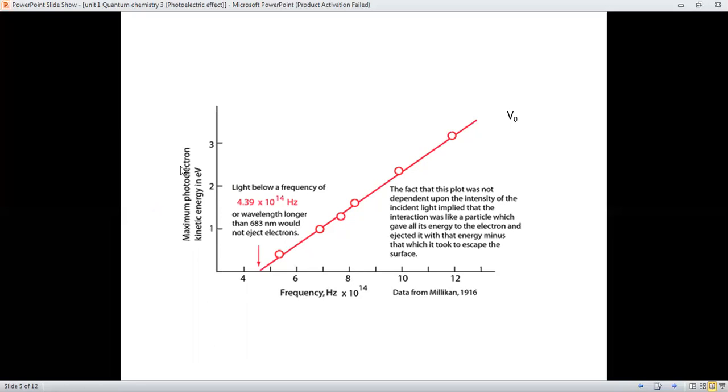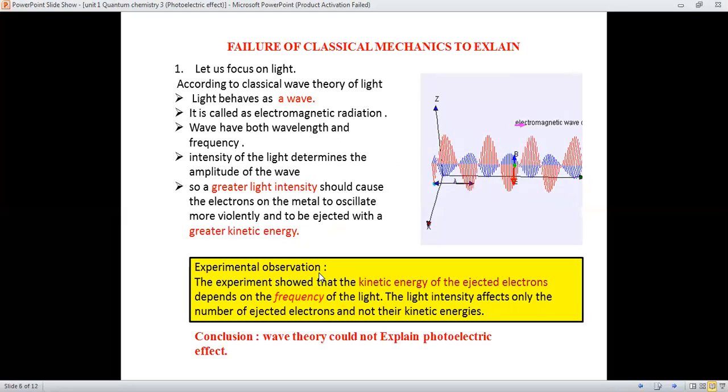It means that the kinetic energy, when studied as a function of frequency, is found to be dependent upon the frequency. But classical mechanics could not explain this fact. How? Because as per classical mechanics, light behaves as a wave. Obviously it was an electromagnetic wave, and a wave has characteristics such as wavelength and frequency.